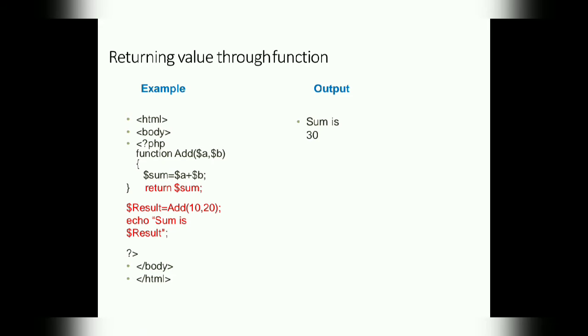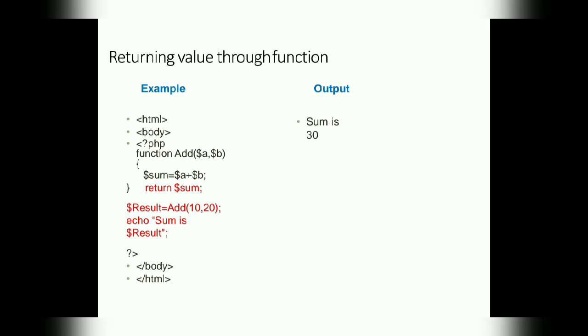Okay, so what we have done here is provide a variable $sum with the addition of a and b, and this value is stored in another variable. That value is already stored within the function in the variable sum, and that sum we want to carry outside the function.